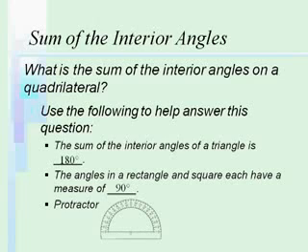And if all else fails, you can use your protractor. Using all of that, you should come up with the thought that the sum of the interior angles of a quadrilateral add up to 360 degrees.